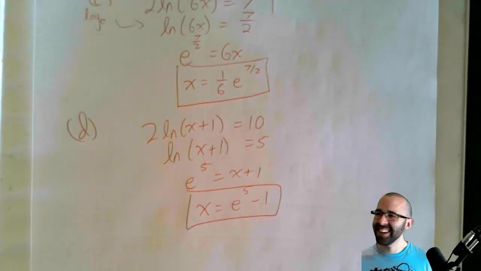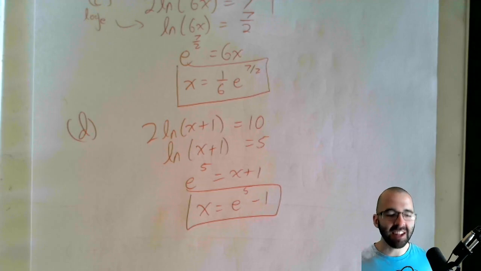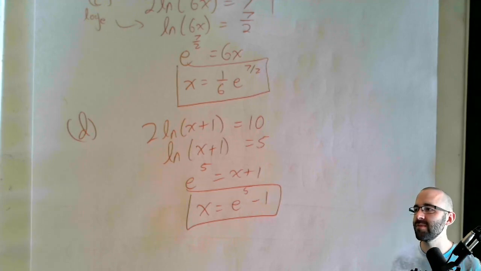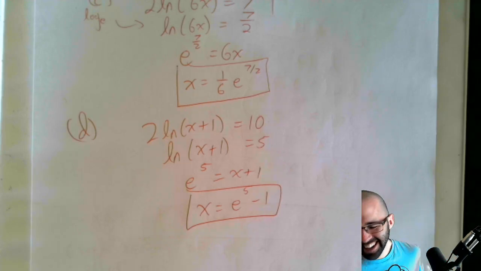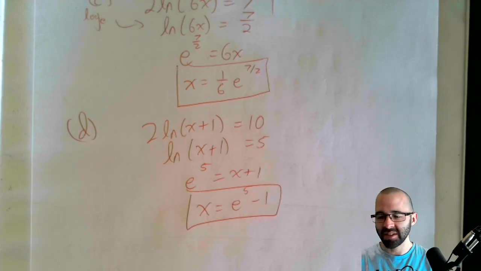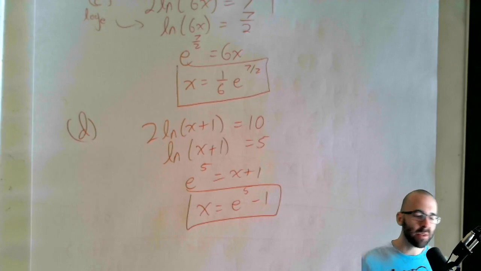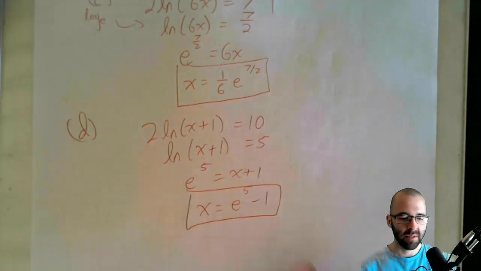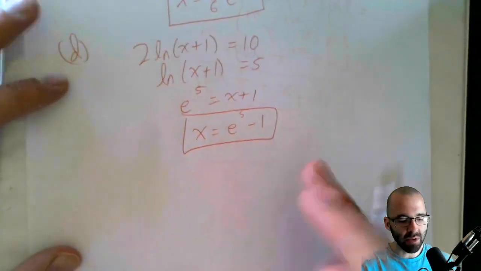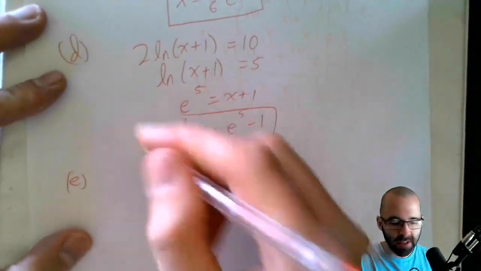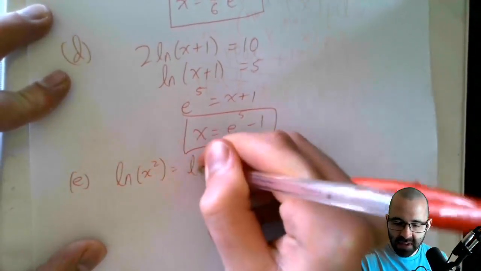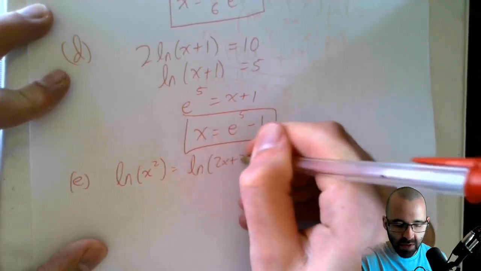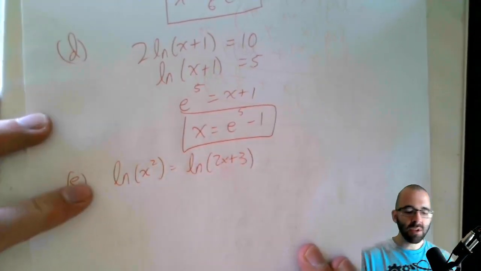Okay. Good stuff. Okay, so that's one kind of logarithmic equation. There's some other ones that are sort of more complicated, but sort of easier depending on your point of view. So let's look at another one with part E. The natural log of x squared equals the natural log of 2x plus 3. So there's two ways to do this.